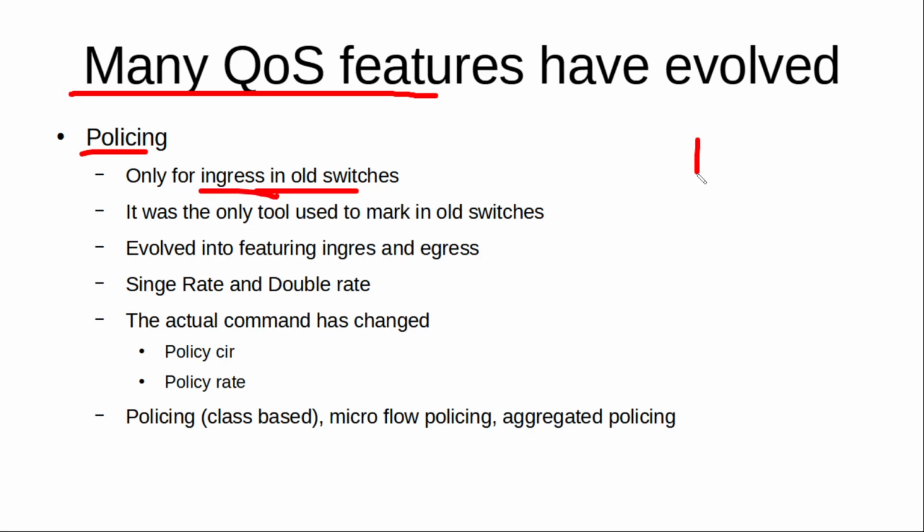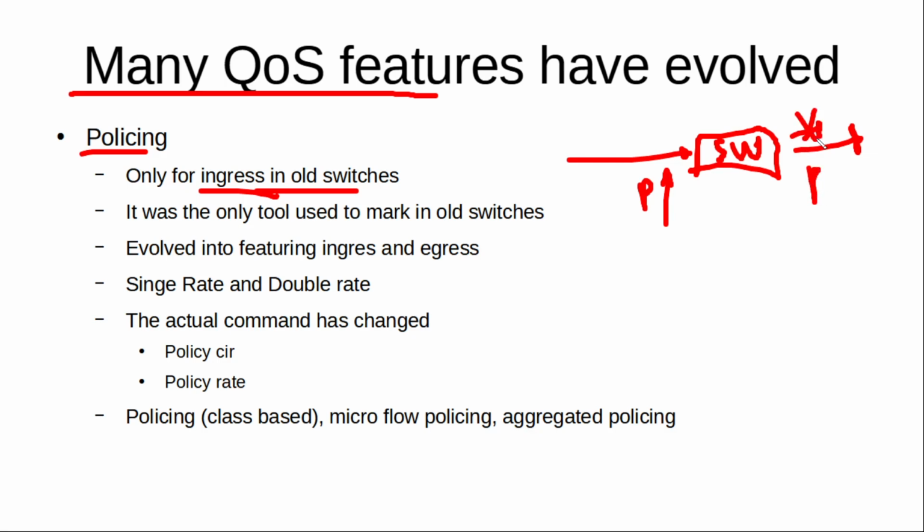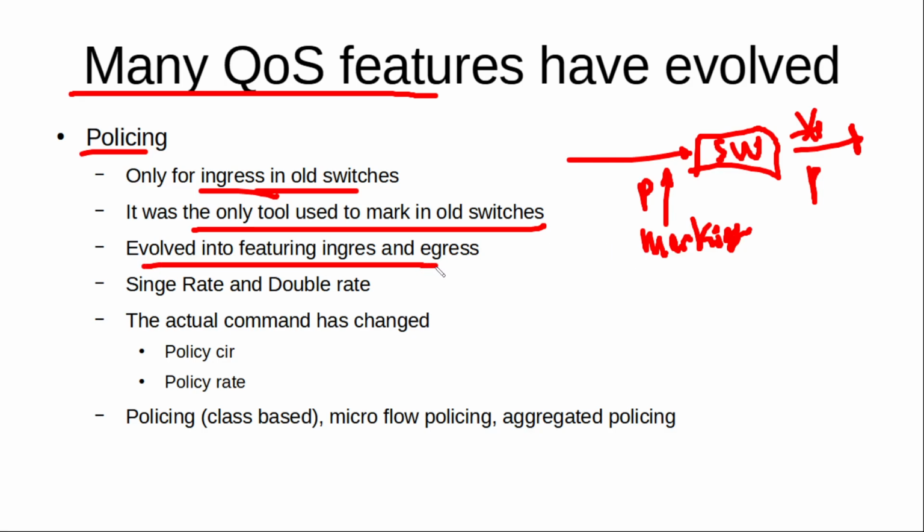You could not do policing in the egress. It was not possible. And in those switches, policing was also used for marking. Then we evolved into having this feature for ingress and egress traffic.